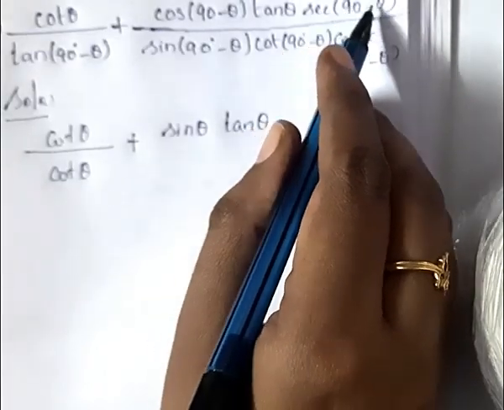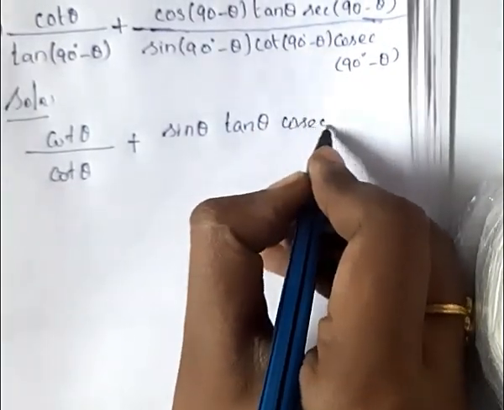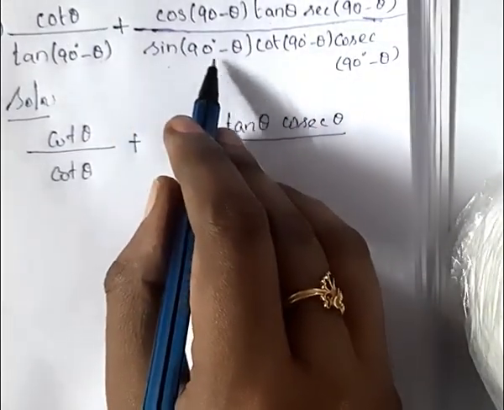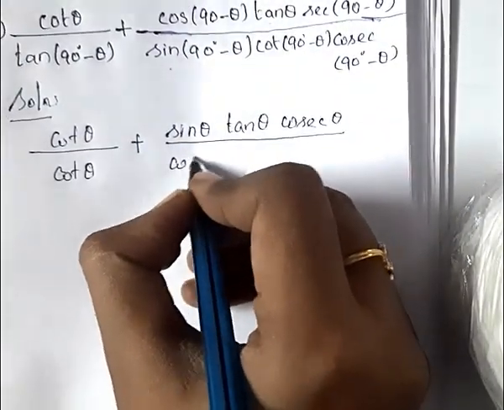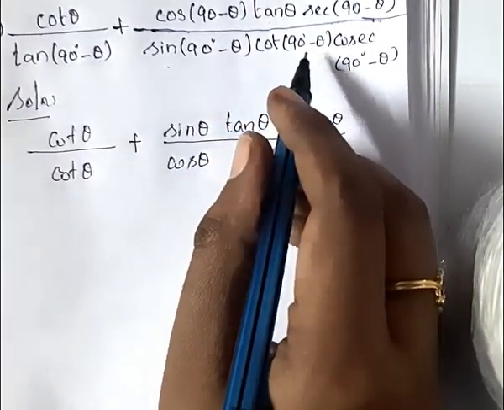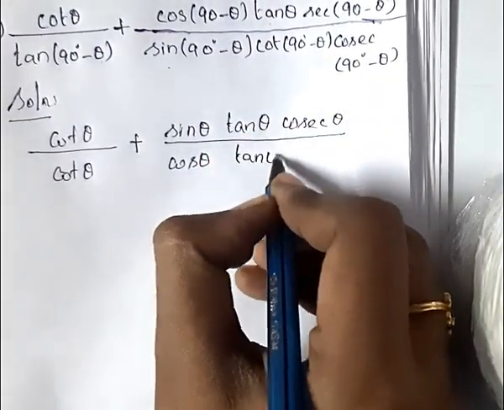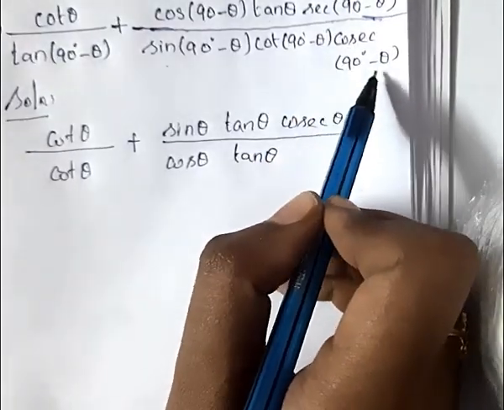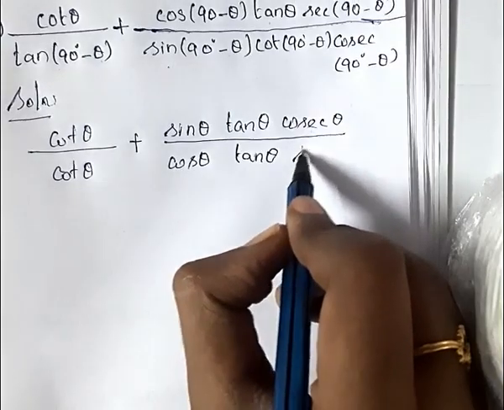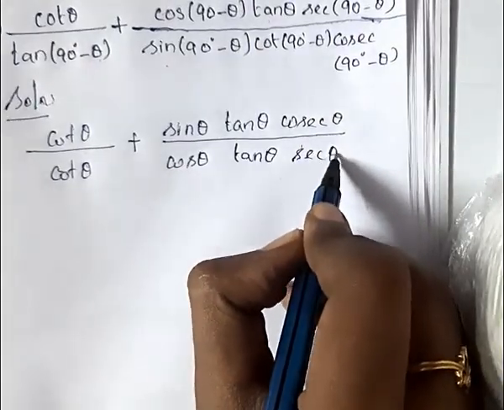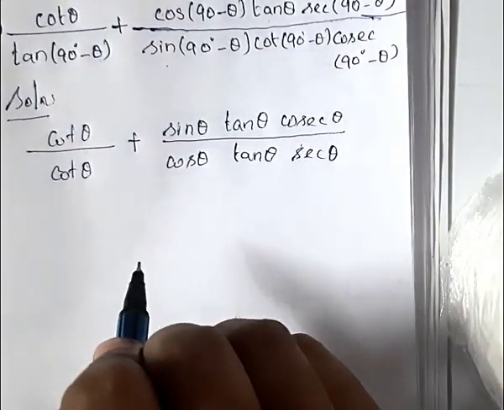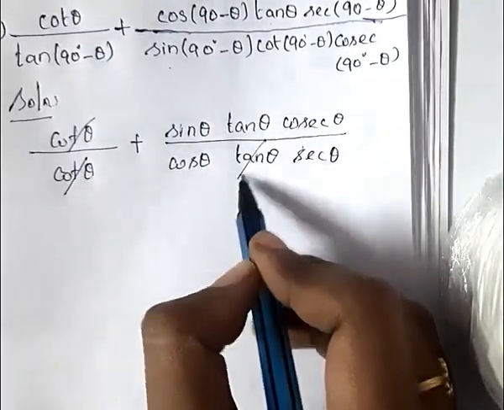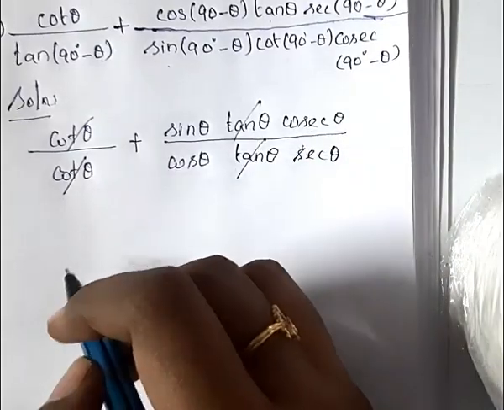And sec (90 minus theta) is cosec theta, by sin (90 minus theta) is cos theta. Cot (90 minus theta) is tan theta. Then cosec (90 minus theta) is sec theta. Then you can cancel it. Cot theta, cot theta. Here tan theta, tan theta.